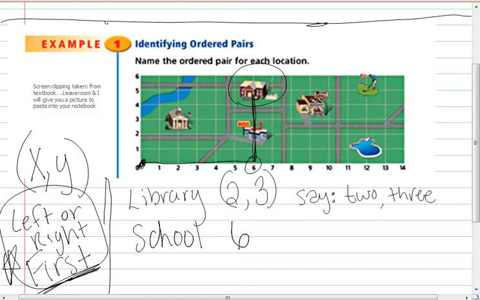Then I go back to 0, 0, and I go up 1, 2, 3, 4, 5, and I find the school is right there at 5. So that's my second number. And remember, you're going to read that as 6, 5. All right. It's fairly easy.